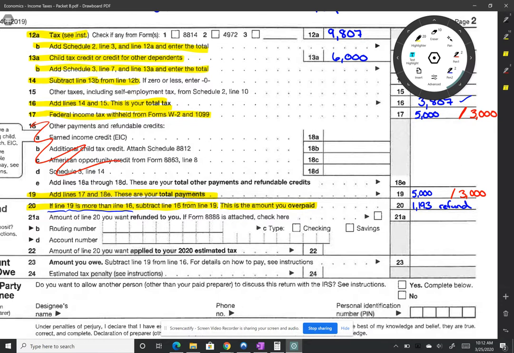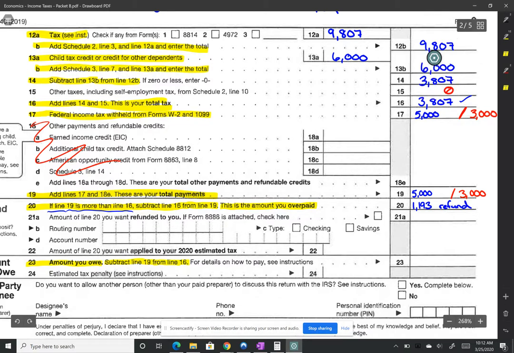Then you come down here to line 23. Amount you owe. Subtract line 19 from line 16. So line 19 from line 16, that is going to be $807. This is a tax bill.